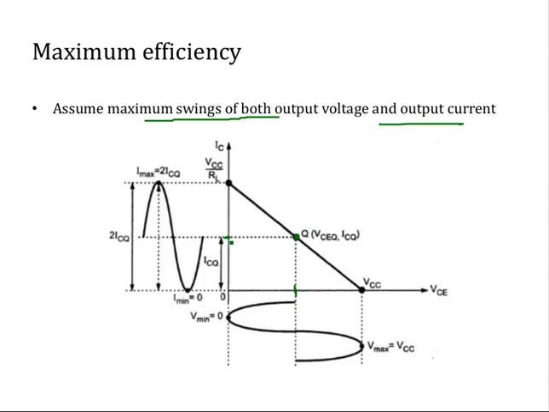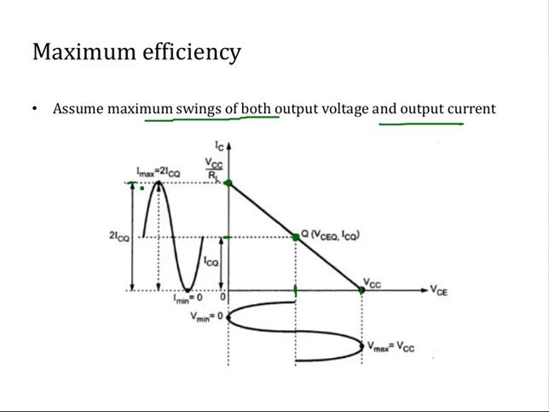It is fixed at the center of the active region, which means ICQ will be half of the saturation current and VCEQ will be half of VCC. VCEQ is half of VCC and ICQ is half of the saturation value VCC by RL. So Imax is 2 ICQ.